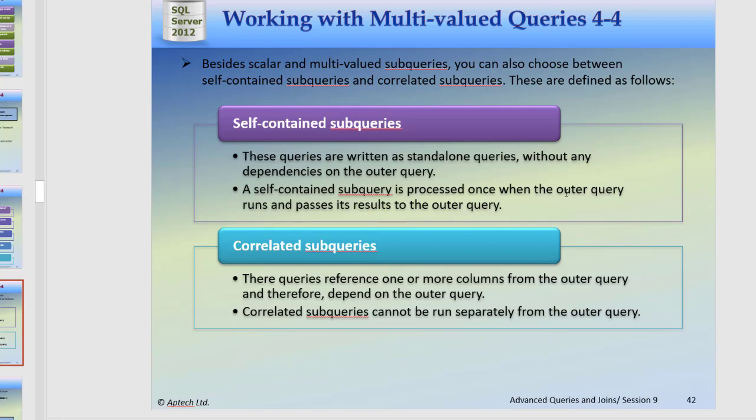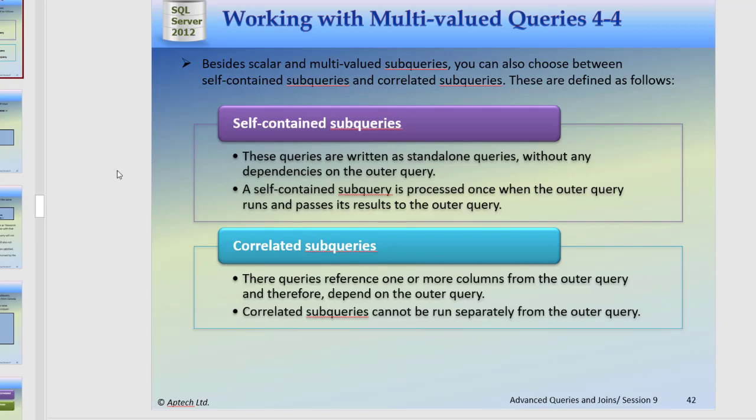A self-contained subquery is processed once when the outer query runs and passes its results to the outer query, while a correlated subquery references one or more columns from the outer query and therefore depends on the outer query. Correlated subqueries cannot run separately from the outer query. We'll see an example of a correlated query in subsequent slides.